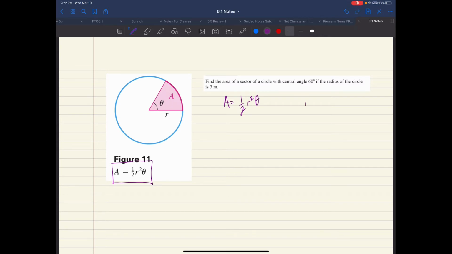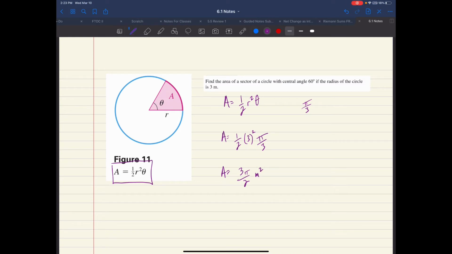So 60 degrees here is pi over 3. The area of the sector would be 1/2 times the radius of 3 squared times pi over 3. And so the area would be 9 pi over 6, or 3 pi over 2 meters squared.